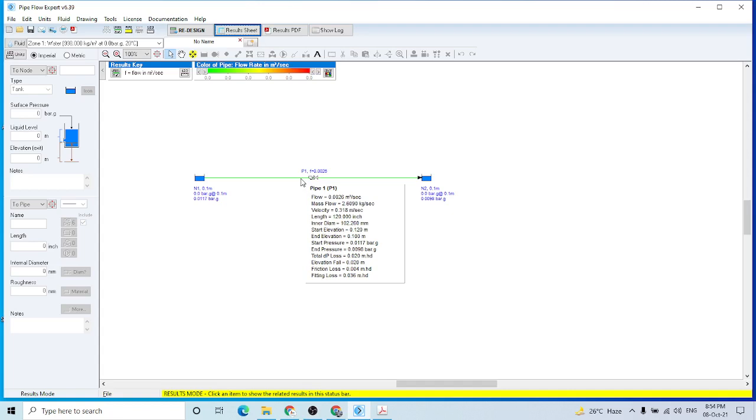You can see that it has the flow rate, mass flow rate, velocity, length, and the fourth last from the bottom is total dp loss.